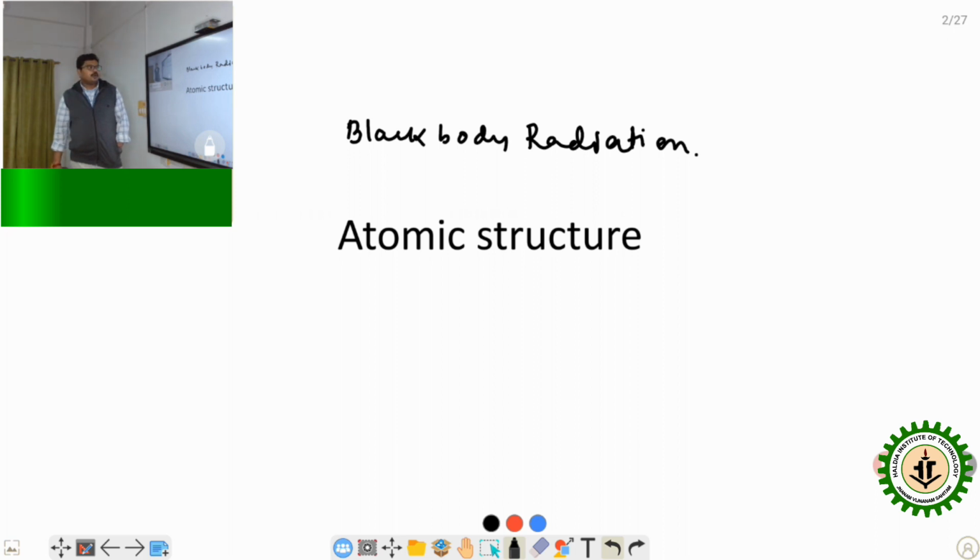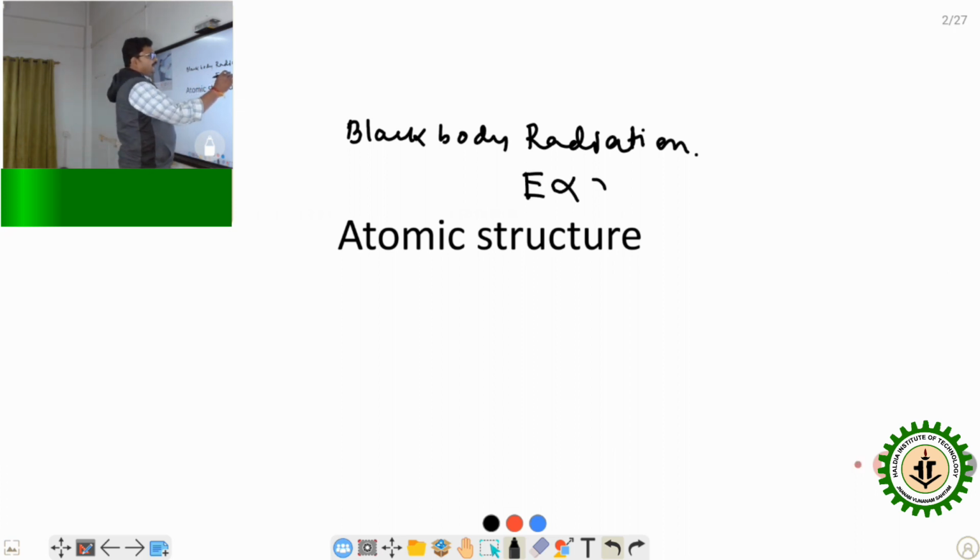To understand or verify those experimental findings, Max Planck took a drastic assumption, which states that energy is not a continuous quantity but a discrete quantity, and energy is proportional to the frequency.